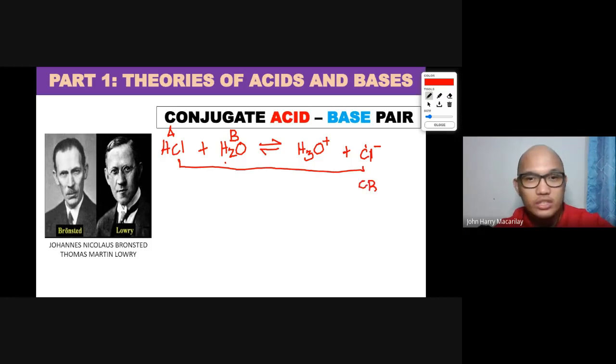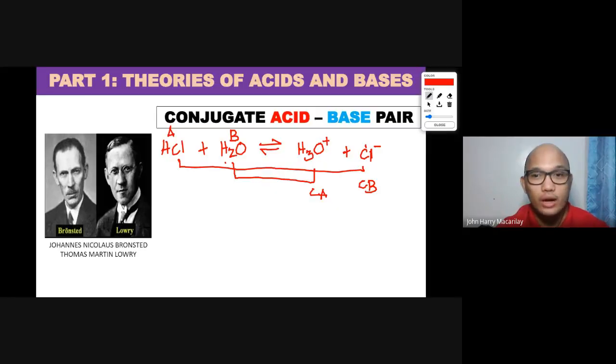And then water, which is the base, will accept the proton from your acid to produce the conjugate acid. So I repeat, a conjugate acid is formed when a base accepts a proton, and a conjugate base is formed when an acid donates a proton. Right?